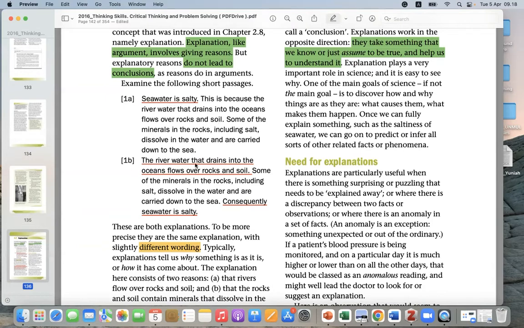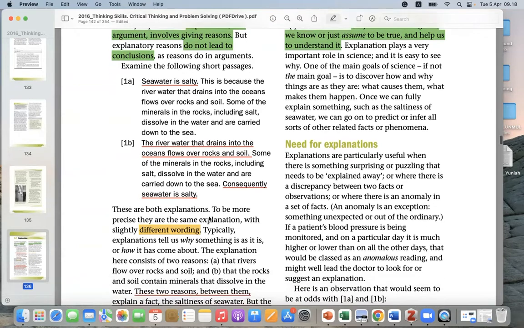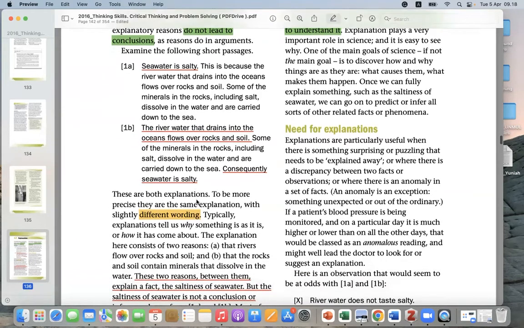So by having such explanations, I think your claim that seawater is salty is sound. It means that it is plausible. Those are both examples of explanations.